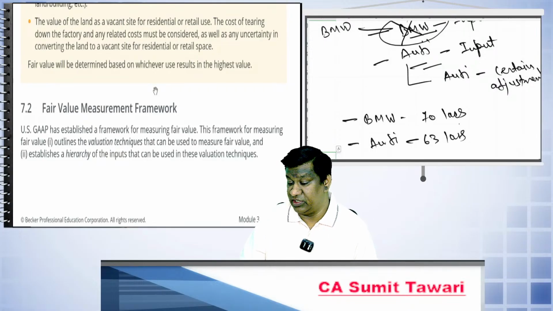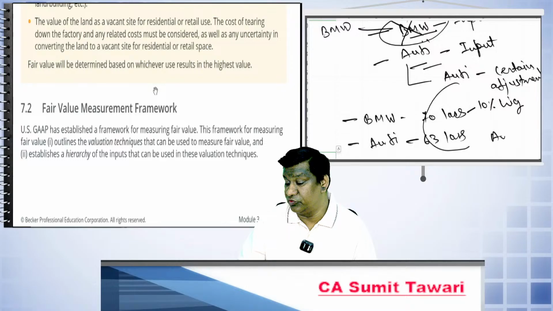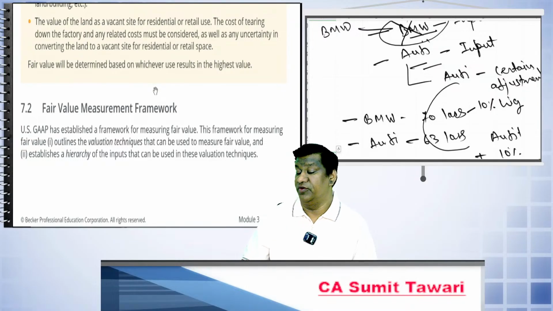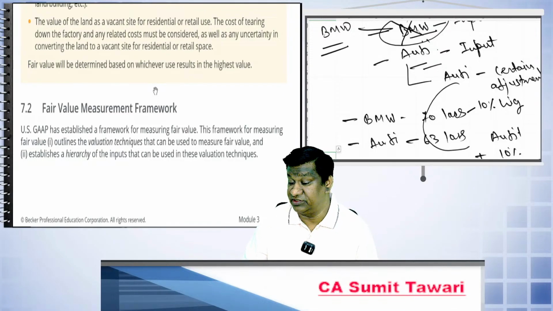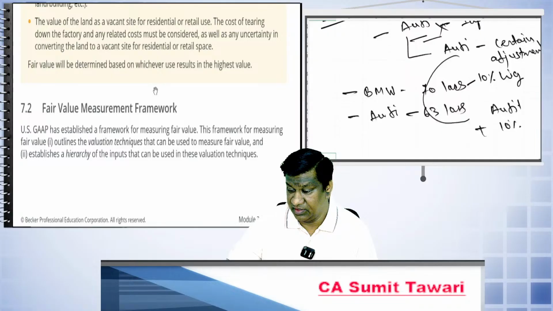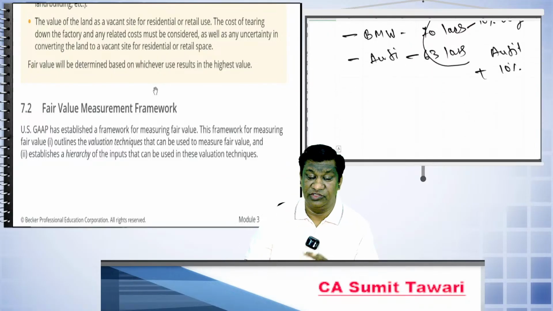So you know BMW price is always 10% higher. At this moment you have the Audi price, so what you are going to do? Audi price plus an adjustment of 10%. This way you need to evaluate the value of the BMW. But that is basically the second priority because you don't have a value of the BMW. So this way you can use the input, that we will see.